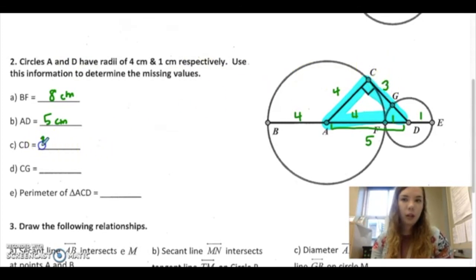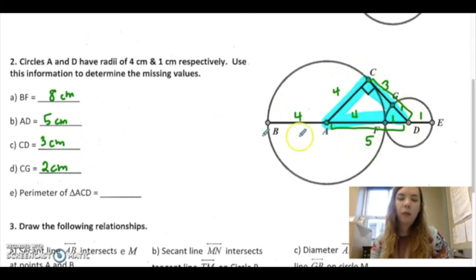So CD, the whole length, so not just this piece, but the whole length is 3 centimeters, which makes CG, if this is a 1 because of the radius, just CG would be 2 centimeters. The perimeter of this triangle would be 3 plus 4 plus 5, which is 12 centimeters.